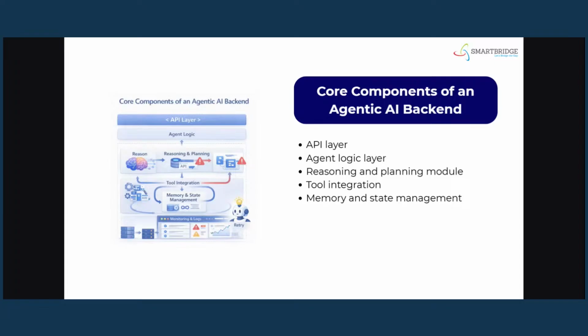Every component has a role, and every interaction follows this structure. This is what allows an agent to behave consistently instead of randomly. This backend architecture is the backbone of real world AI systems.